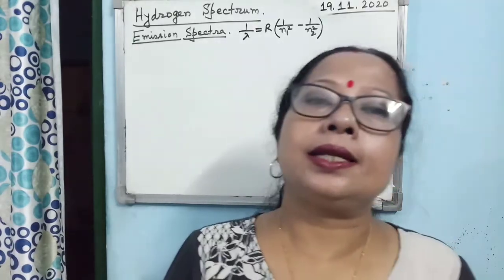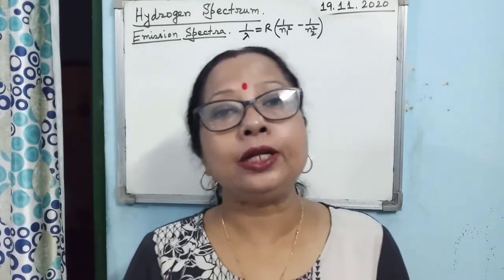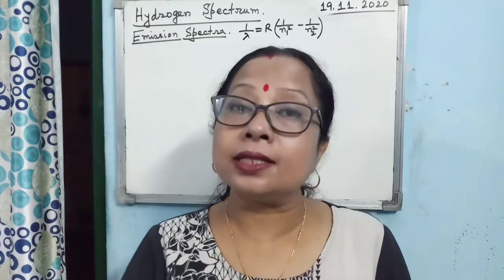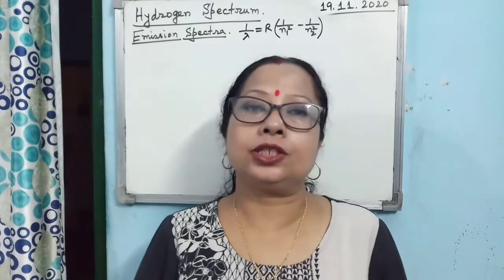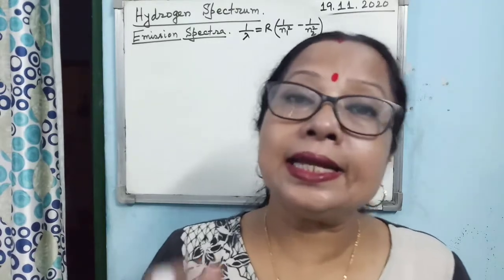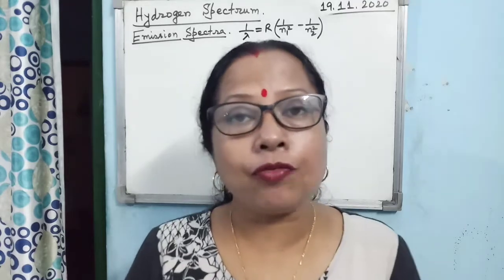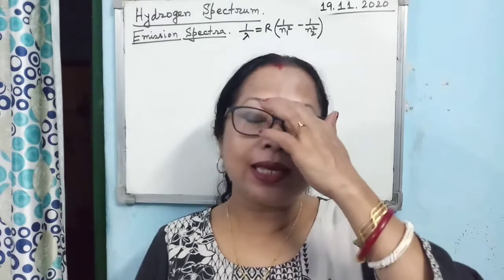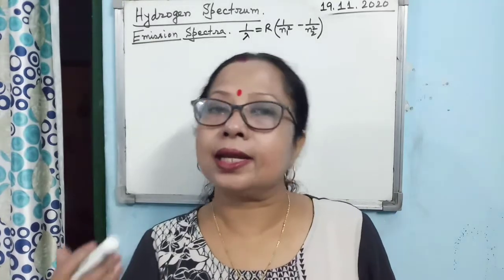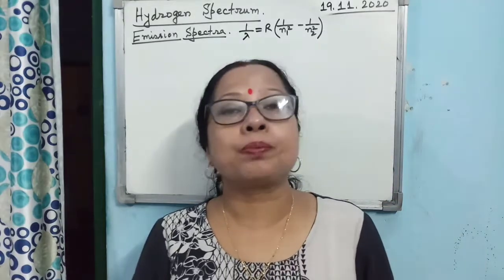If you consider the transition of an electron from a higher energy orbit to a lower energy orbit, I repeat, if an electron transits from a higher energy orbit to a lower energy orbit, then it emits, it radiates the extra energy in the form of electromagnetic radiation. For each emission of electromagnetic radiation, a bright line is obtained in the spectra.